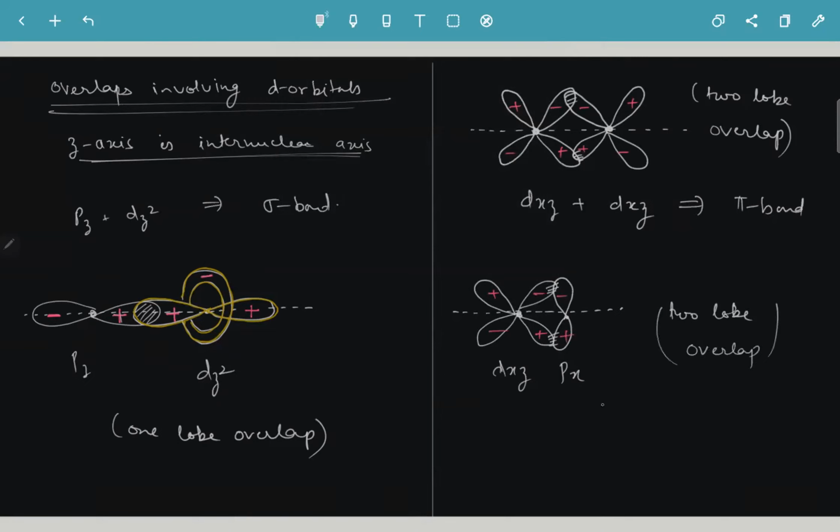So this also results in a pi bond. Similarly, dyz and py will also result in formation of a pi bond.